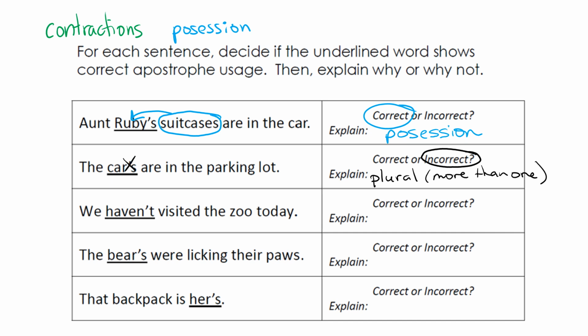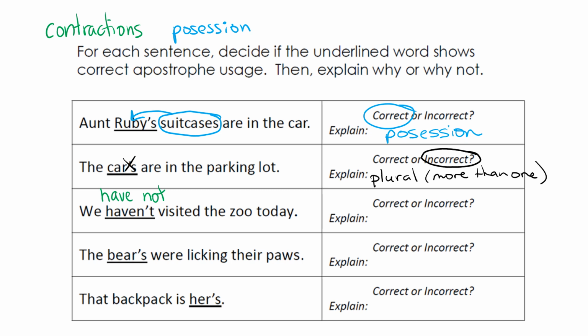All right, let's check out the next one. We haven't visited the zoo today. And we're looking at the word haven't. Is something belonging to this? No, that would have an S at the end. Wait, haven't is a word made by combining have and not.